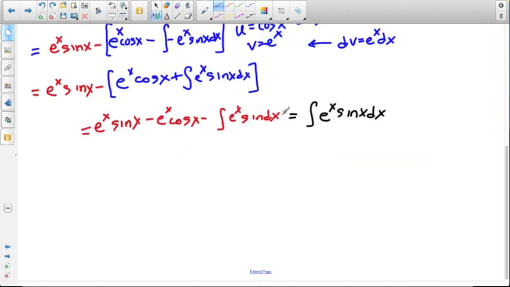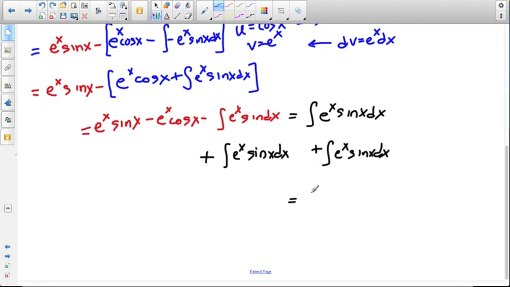We're just going to solve for that. So what we're going to do is add the integral of e to the x sine x to both sides, just moving that to the other side, just like we would add opposites in any other algebraic expression.